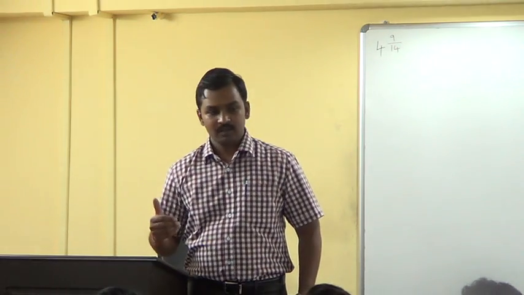Outstanding expenses, prepaid expenses, income receivable, income received in advance, cost of goods sold, relationship between cost, profit and sales, opening entry, closing entry. Now let us come to the next adjustment which we are going to discuss.